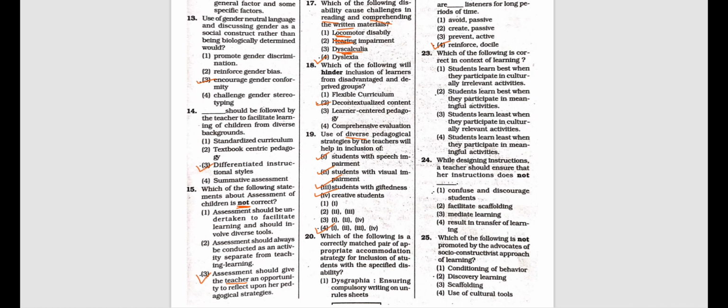Students learn least when they participate in culturally relevant activities. Or students learn least when they participate in meaningful activities. So which one do you think is the correct context of teaching? Here the correct answer is that students learn best when they participate in meaningful activities.